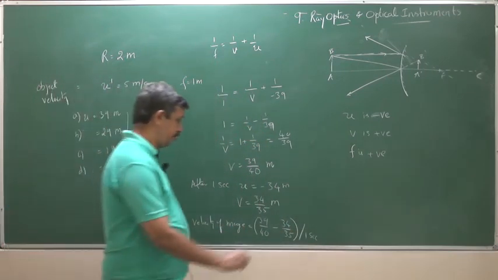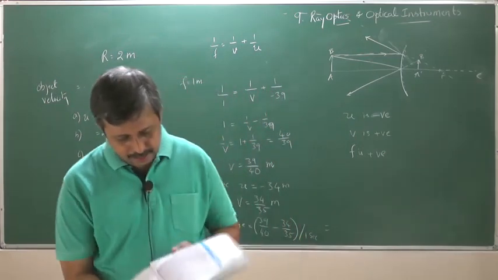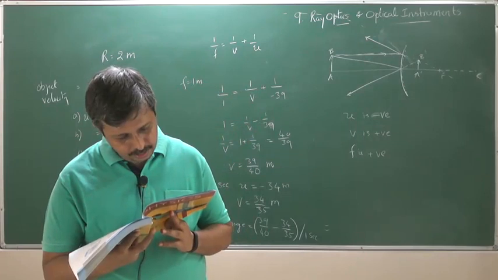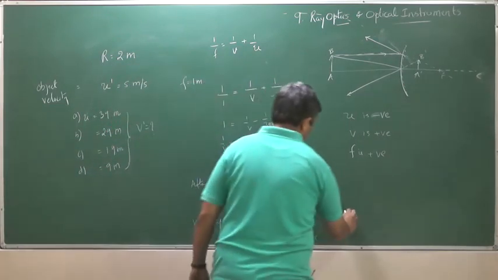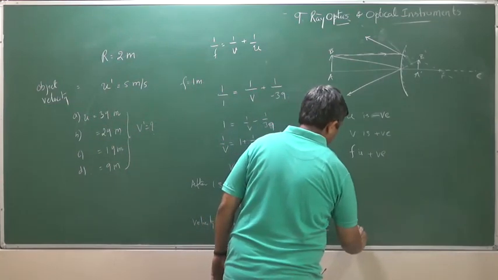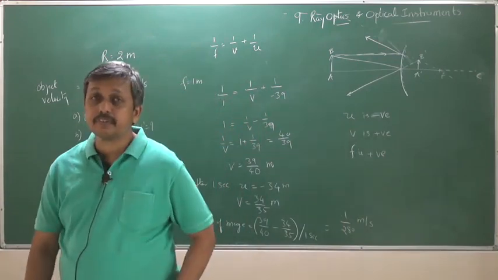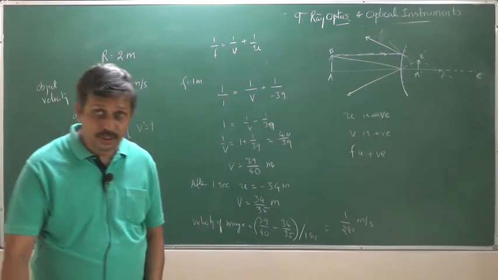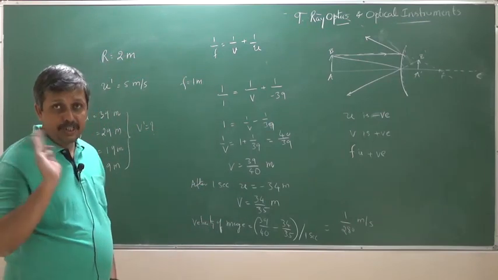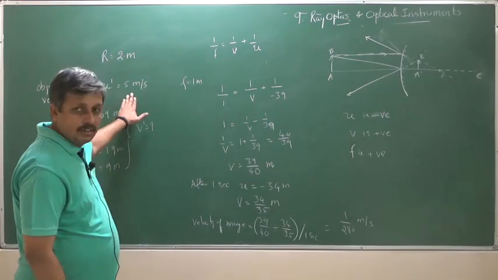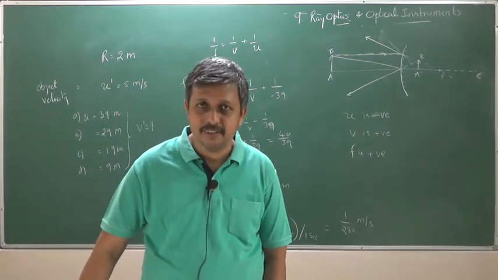So you compute this. This will turn out to be 1 by 280 meters per second. Okay, look at this. The object speed is 5 meter per second and image speed is so small, 1 by 280 meter per second.